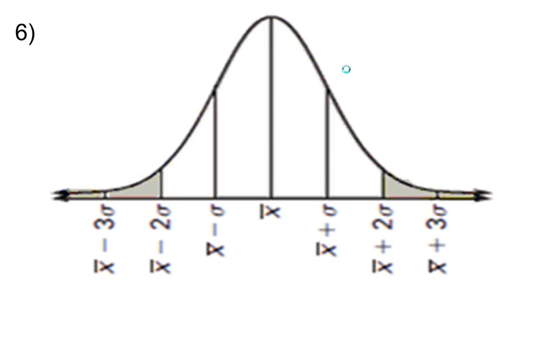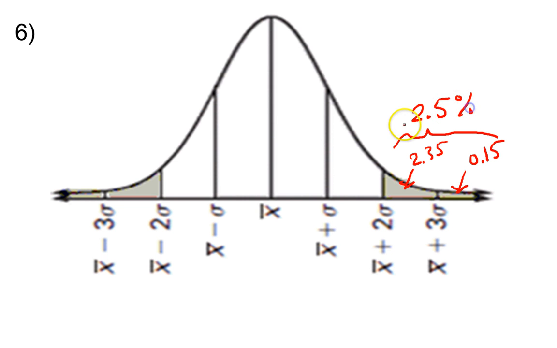Either way. After a while, you are going to begin to memorize that this is 2.35%, and we also memorized that this is 0.15%. But these two occur next to each other often enough that you're going to accidentally memorize that together this is 2.5%.